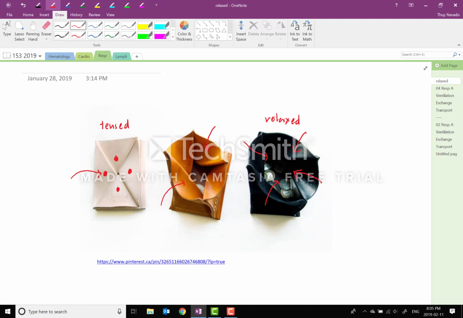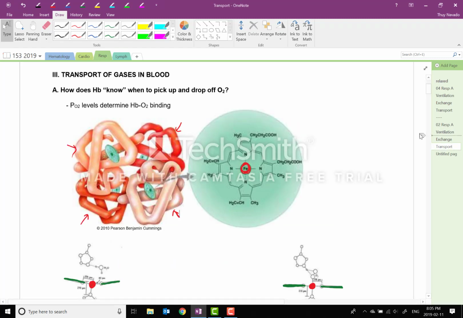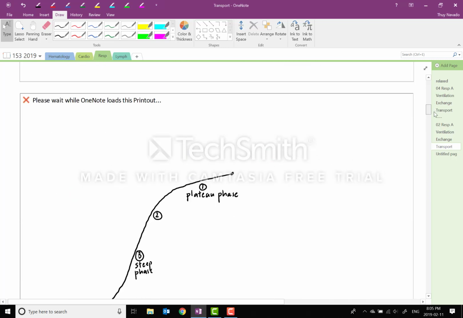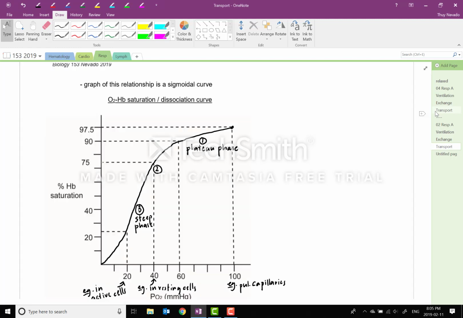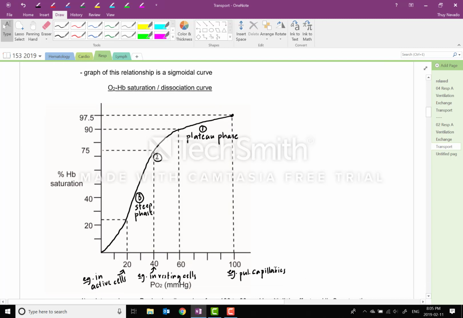So going back to our notes for a moment, when we graph this cooperative binding, what we see is a graph that looks like this. And you can see in this part here, what we're showing is if we are taking a look at different levels of PO2, then depending on the different levels of PO2, hemoglobin will be more or less saturated.